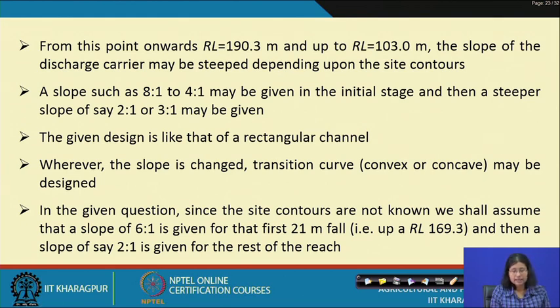The given design is a rectangular channel. Whenever the slope is changed, a transition curve, convex or concave in shape as we learned earlier, may be designed. In the given question, since the site contours are not known beforehand, we shall assume that a slope of 6:1 is given for the first 21 meter fall, up to a relative level of 169.3 meter, and then a slope of say 2:1 is given for the rest of the ridge.